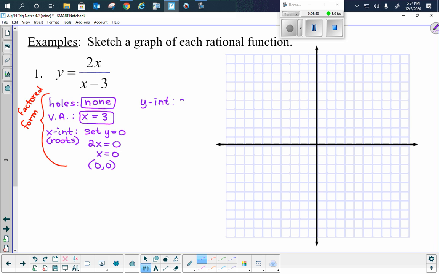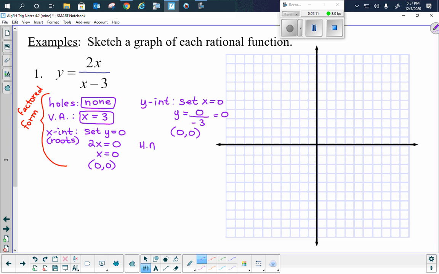For a y-intercept, remember you're setting x equal to 0. So you would have y equals 2 times 0 is 0, over 0 minus 3 is negative 3, so that's still 0. So that's the ordered pair (0, 0).